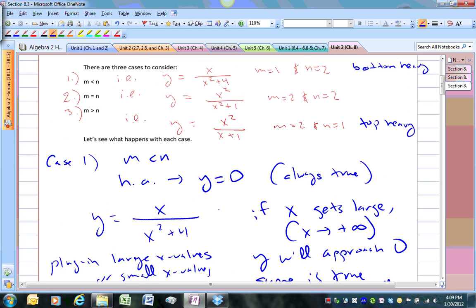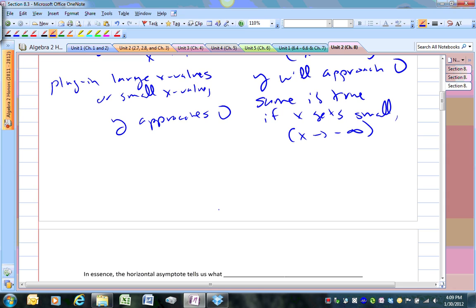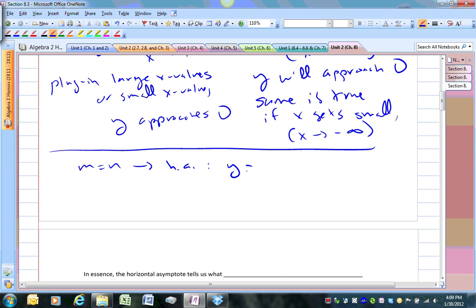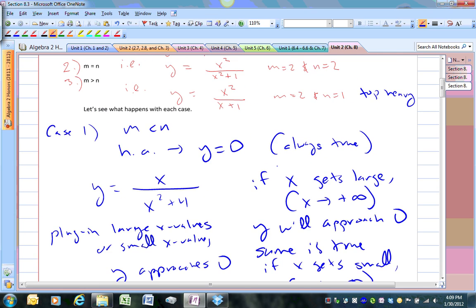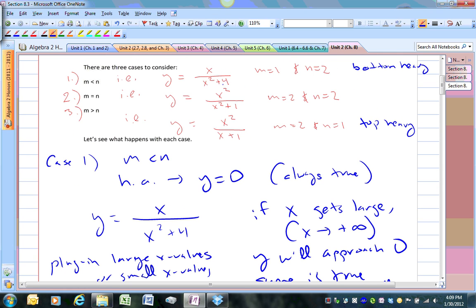Now for case 2, if m equals n, your horizontal asymptote will just be y equals a divided by b. Again, if you plug in large numbers, we will see for ourselves, because the a value is 1 and the b value is 1, that's the coefficient for both x squares.